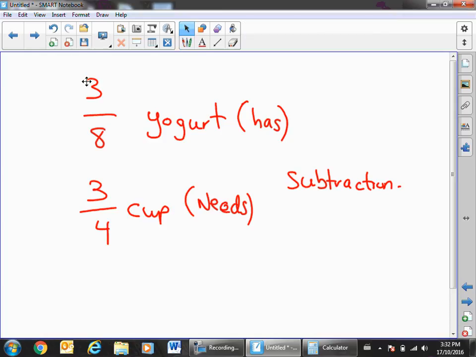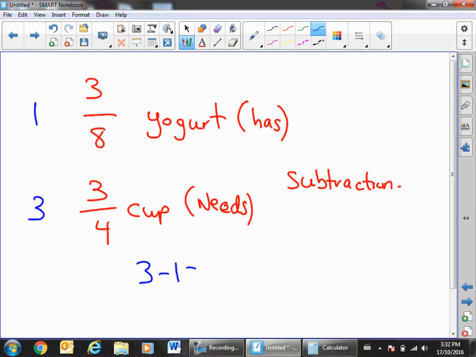Let's say she has 1 cup of yogurt and needs 3 cups to make a smoothie. How much more does she need? 3 minus 1 equals 2, so she would need 2 cups, no problem. Just because of fractions, it doesn't change that principle at all.